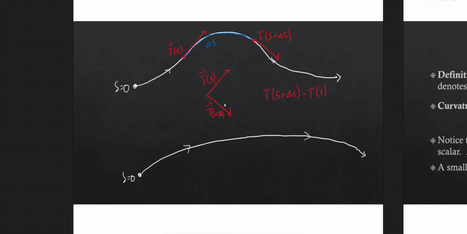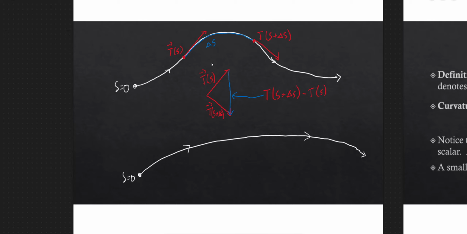This quantity would go from the head of T of s to the head of T of s plus delta s. So this is how it changed over that time frame. So this is the difference there. Notice this changed quite a bit over this delta s arc length.